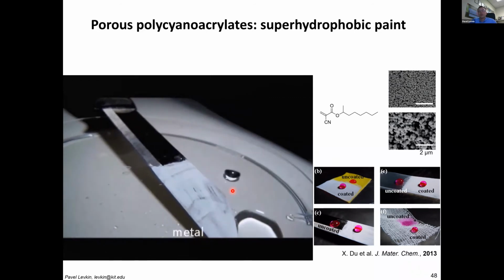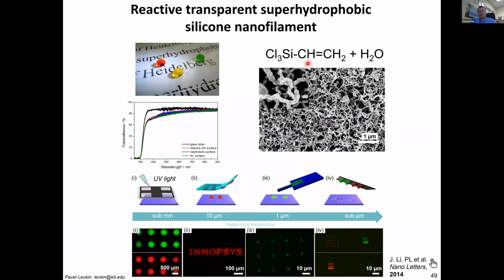We also showed that you can make superhydrophobic coatings using silicon nanofilaments, with such nanofibers of silicon about 20-40 nanometers in diameter. And because of the small size of these silicon nanofilaments, they become not only superhydrophobic but also transparent. And because of the presence of the vinyl group, in this case, this surface is reactive.